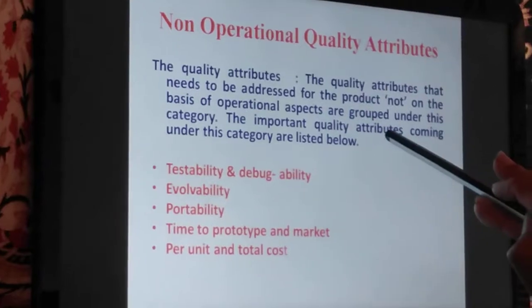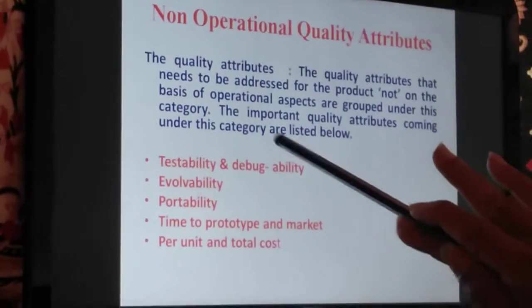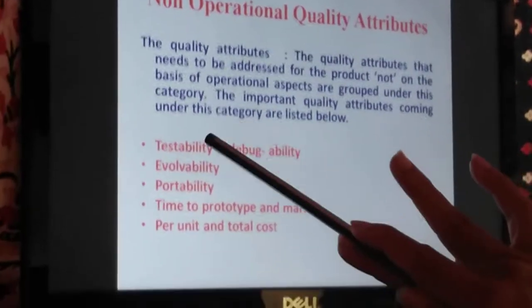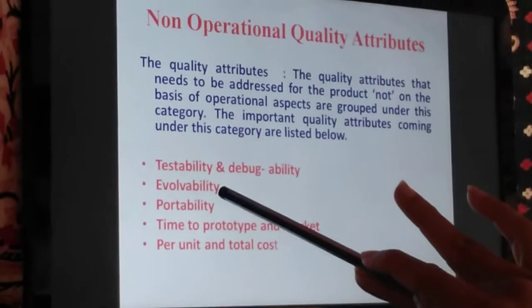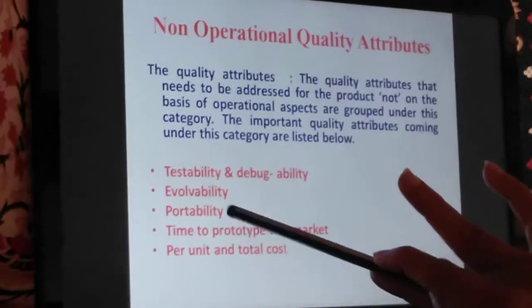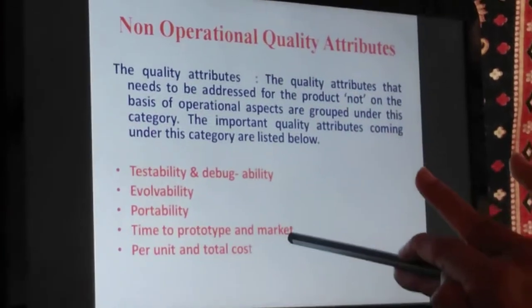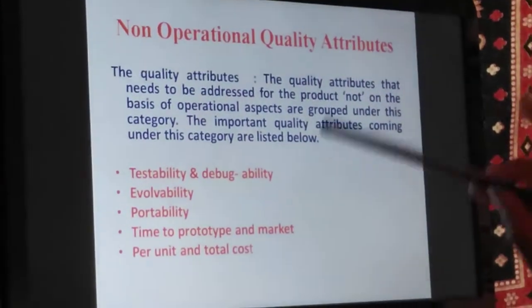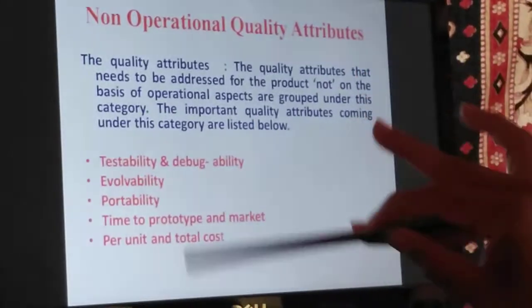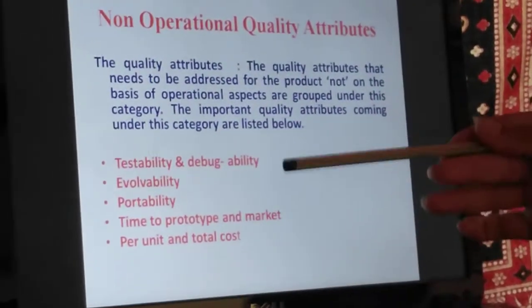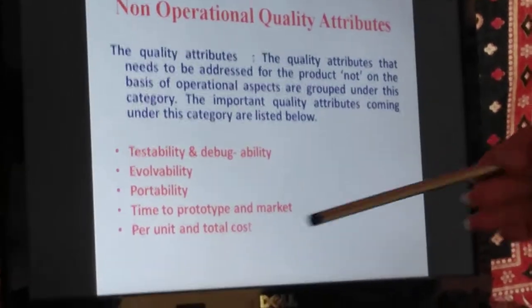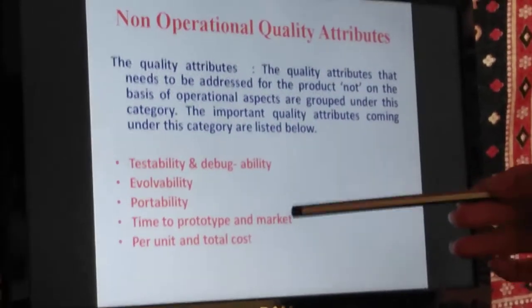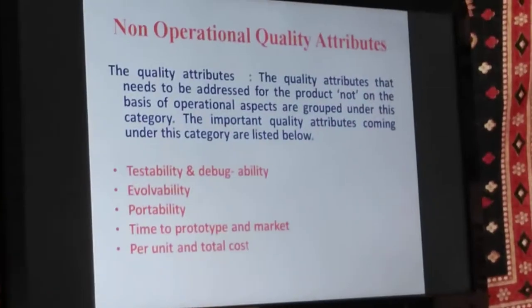The important quality attributes coming under this category are testability and debuggability, evolvability, portability, time to prototype and market, and per unit and total cost. All are related to development procedures. So when we are developing any system, these issues will come into the picture.